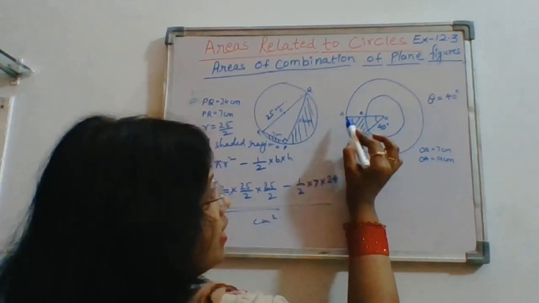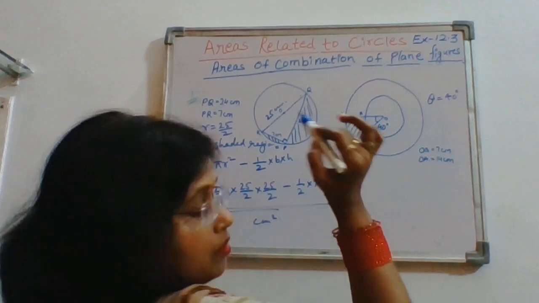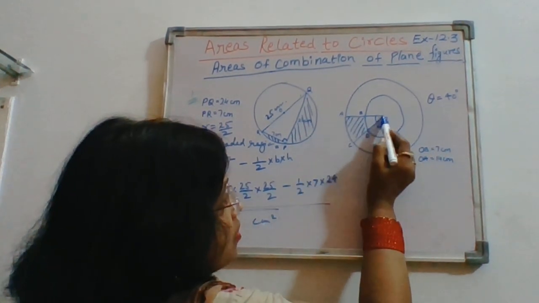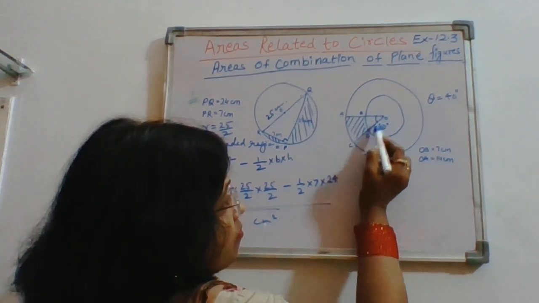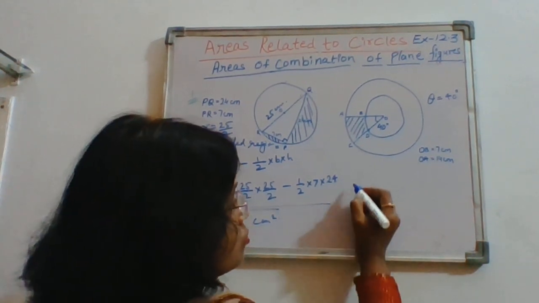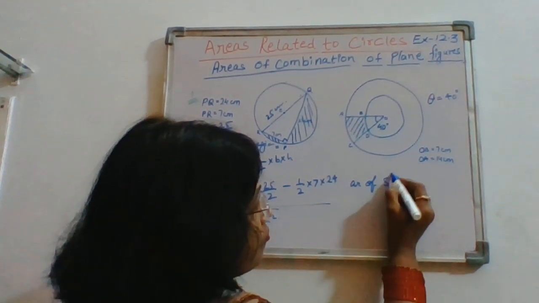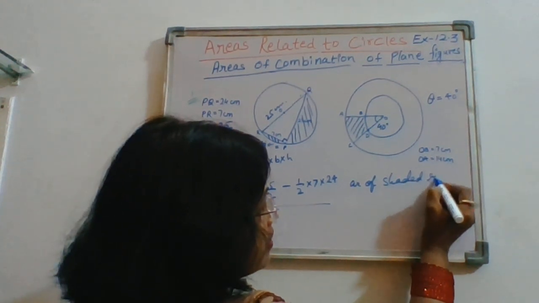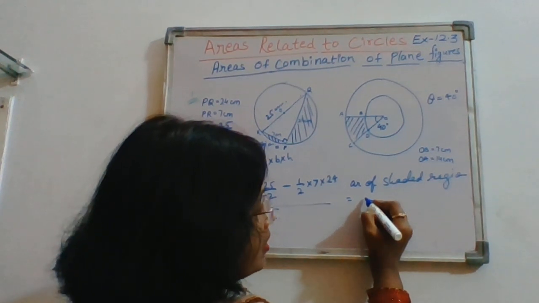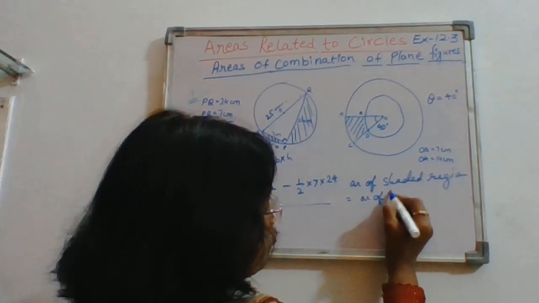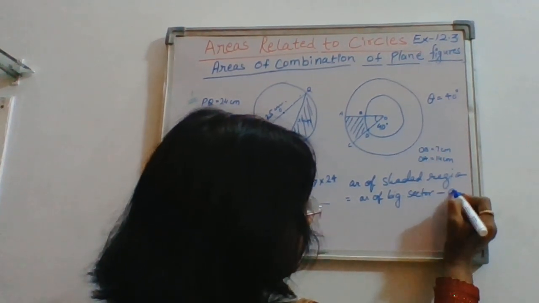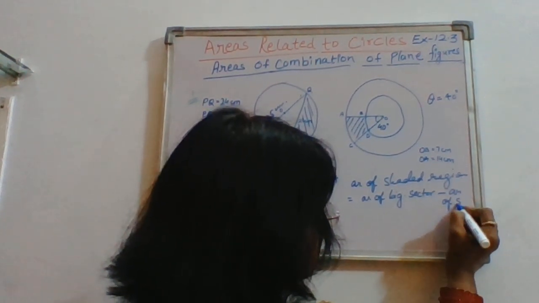You have studied in the earlier part how you can calculate the area of a sector. So area of this bigger sector minus area of this smaller sector will be giving you the area of the shaded region. So area of shaded region will be equal to area of the bigger sector minus area of smaller sector.